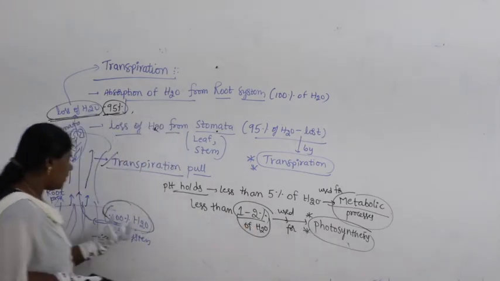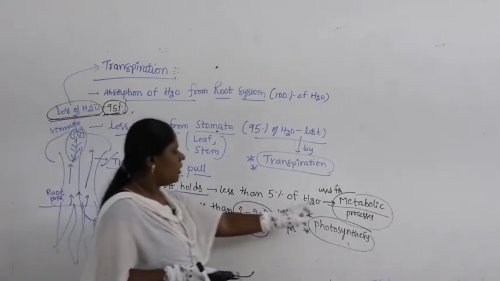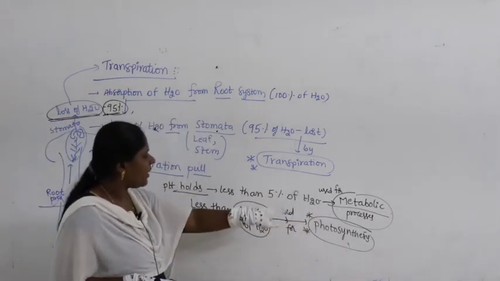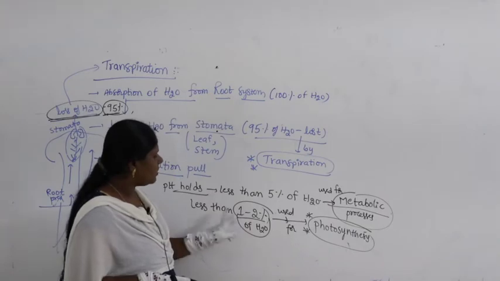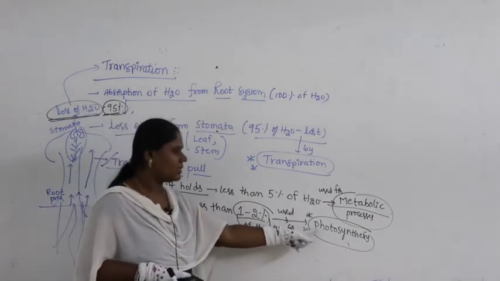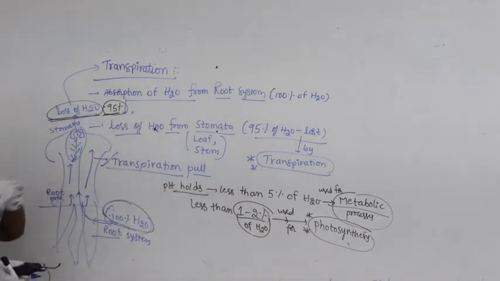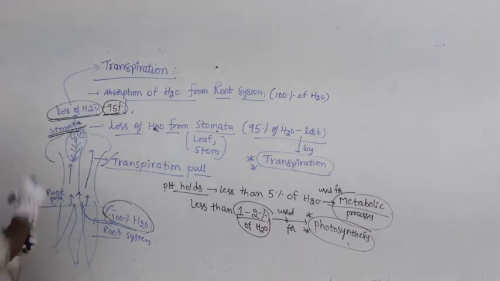So much water is taken, but almost everything is lost. Hardly 5% of water is used for metabolic processes, and of that 5%, less than 1 or 2% is used for a major phenomenon called photosynthesis. Now, where does transpiration occur? You know that transpiration mainly occurs through stomata, right?